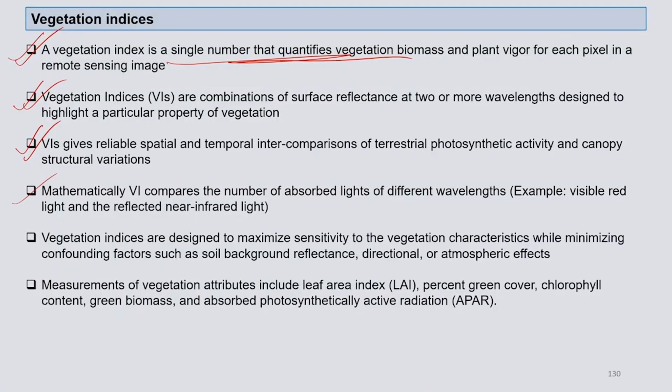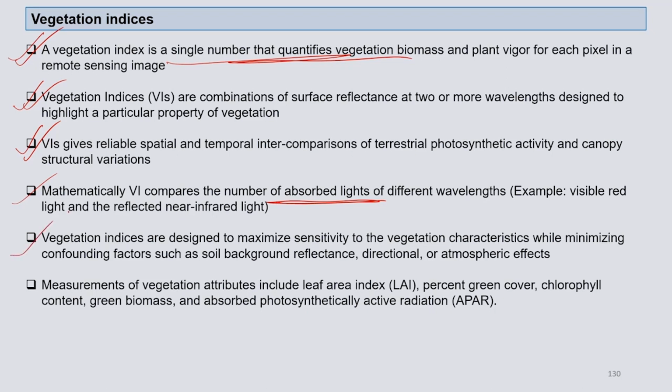Mathematically, a vegetation index compares the amount of absorbed light coming from different wavelengths, as for example the visible range and infrared, whatever we have discussed in the previous classes.